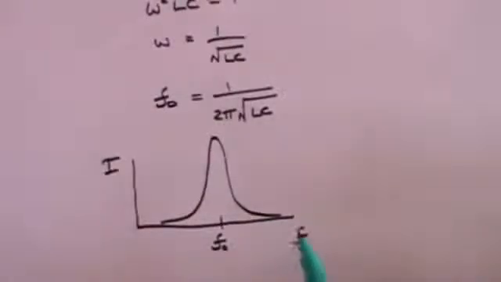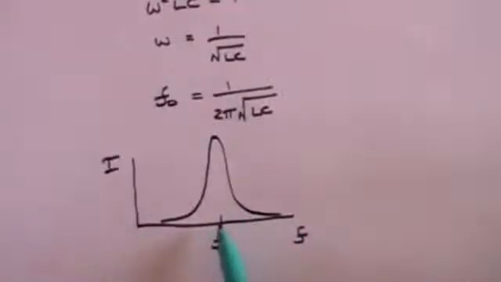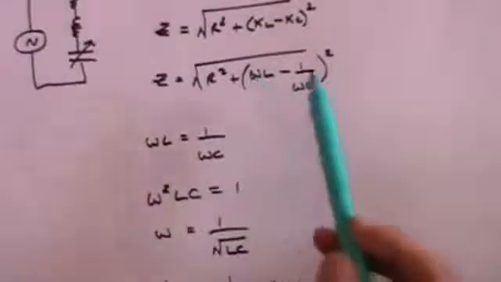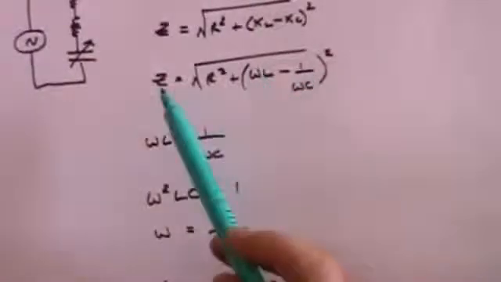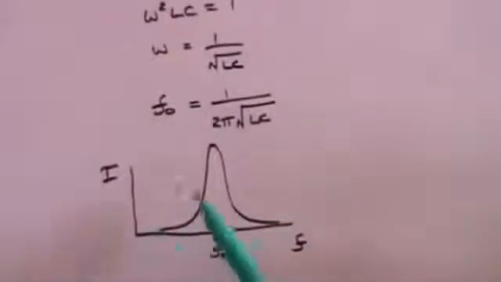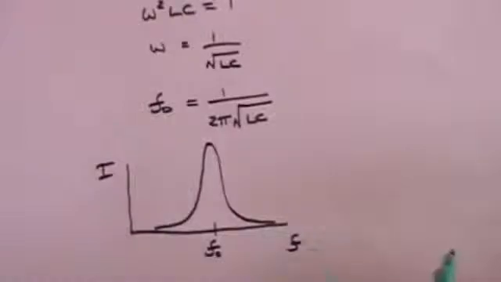Your radio is picking up all sorts of frequencies, but only at the frequency where the current is maximized, because you have achieved a minimum Z by making this term equal to 0. It is the current for that frequency which is maximized, and that's why you can hear that station on your radio. All the other frequencies are down at minimal levels, so you don't get to hear them.